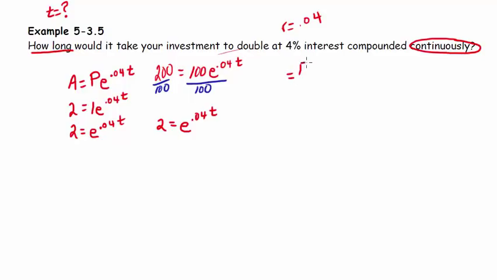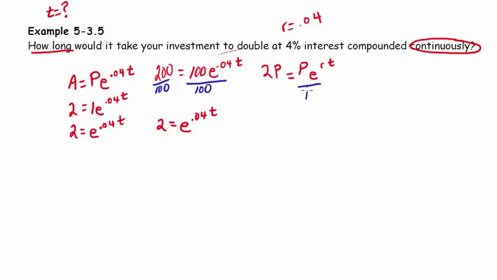So let's say I start with P here, some principal amount that I don't know. Well, if it doubles, instead of A, I'm going to end with 2 times P, equals P e to the rT. Okay, so this might be a little abstract. We don't know what this P is, but you see I have a P on both sides of my equation.